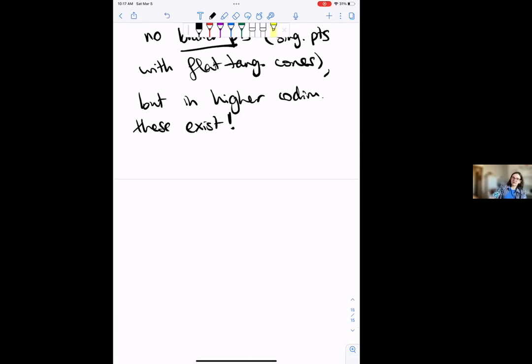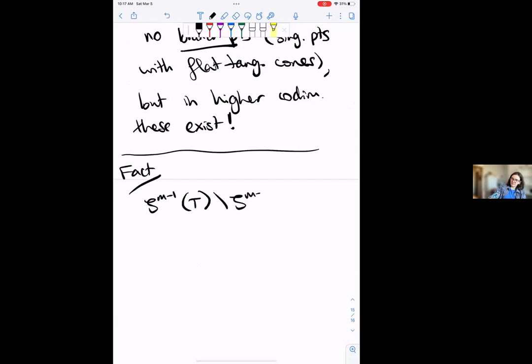Also something to note is that in the integral setting, there is nothing in the m minus first stratum. So this set is empty. There are no points with a tangent cone that splits off exactly an m minus 1 dimensional spine.